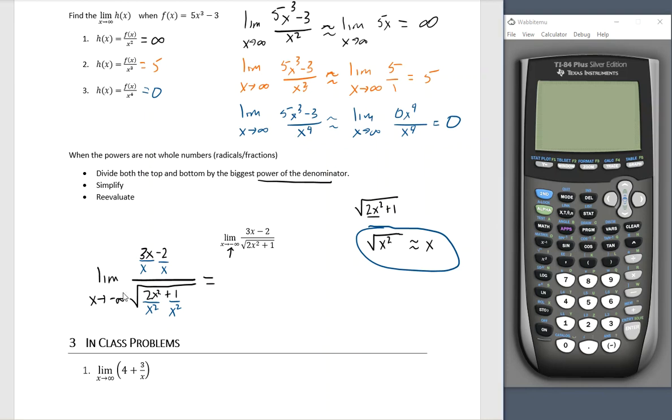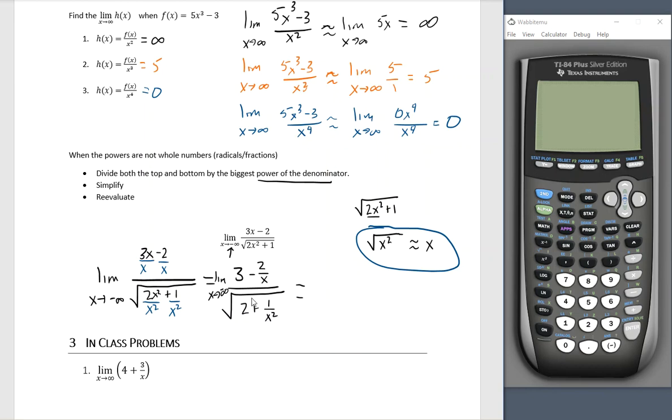We have to take care of the sign here, though. We have to pay attention to it. That's 3 minus 2 over x over the square root of, and this is still a limit. Don't forget to write your limit. There we go. This is 2 plus 1 over x squared.